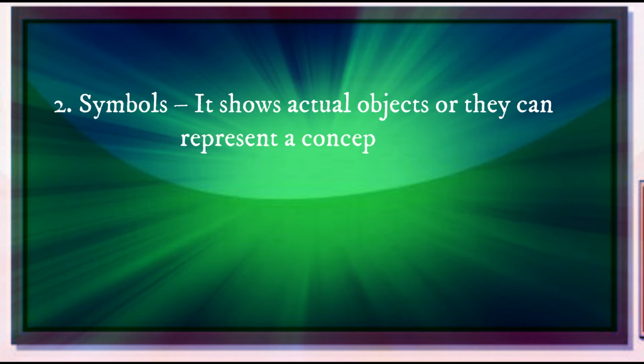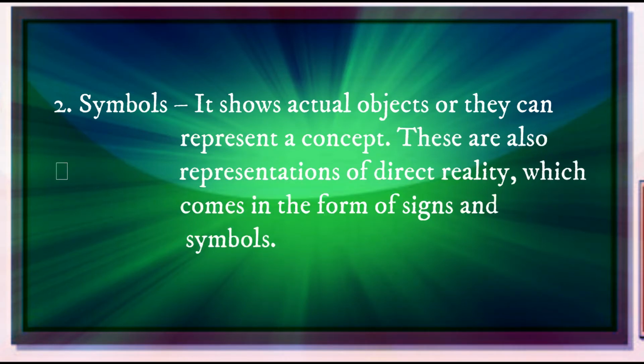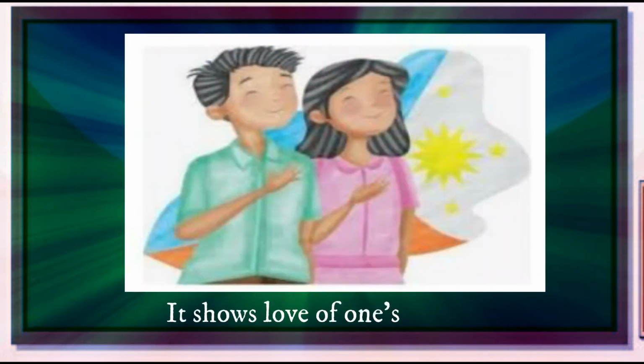Number 2, symbols. It shows actual objects or they can represent a concept. These are also representations of direct reality, which come in the form of signs and symbols. Examples: This symbol shows love of one's country.